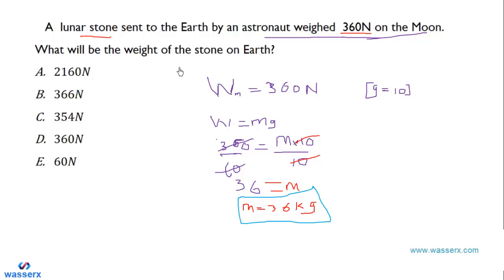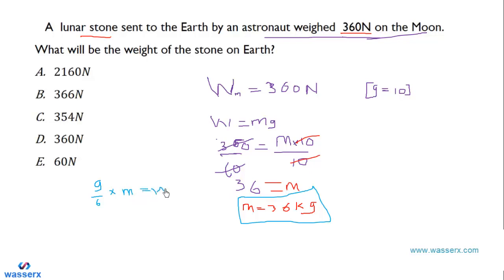Now we can't tell whether it is actually 10, but what we know is that whatever the gravity is on Earth, we divided by 6 and multiplied by the mass before we got the weight.